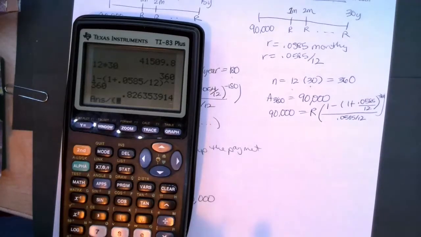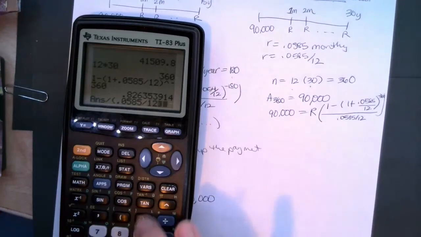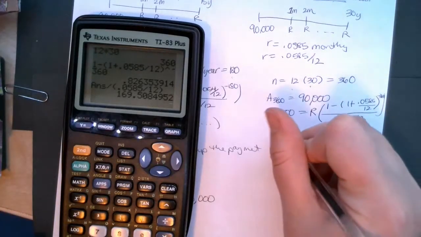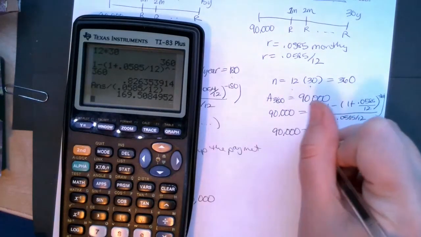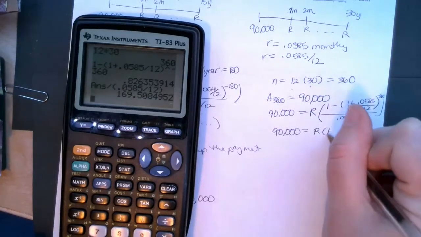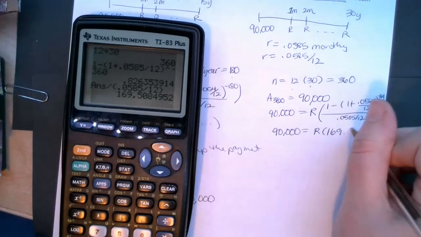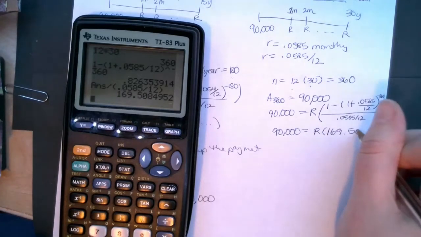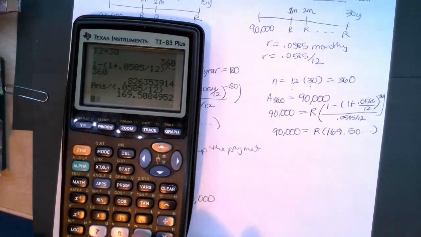So there's my numerator, and I'm going to divide that by my denominator. So we get 90,000 is equal to R times 169.50 and change. Divide 90,000 by that.